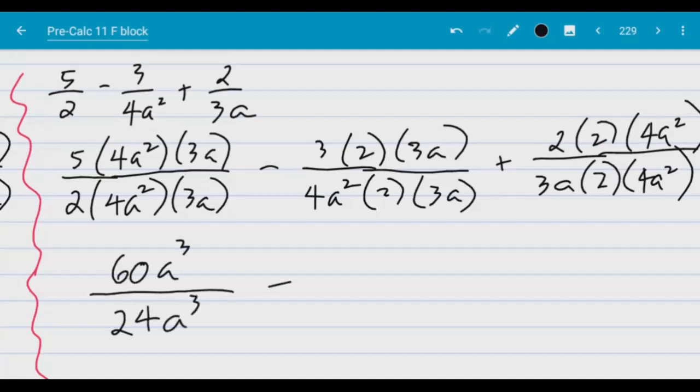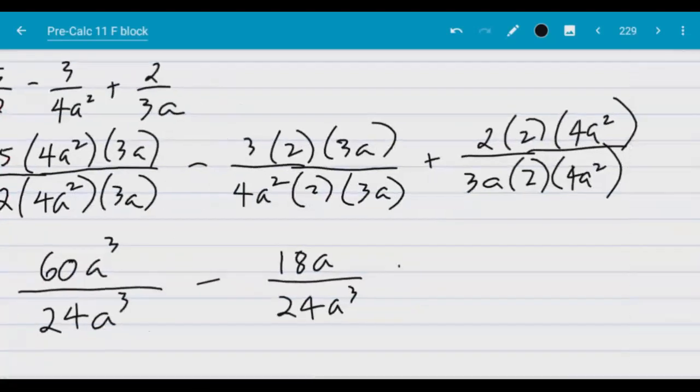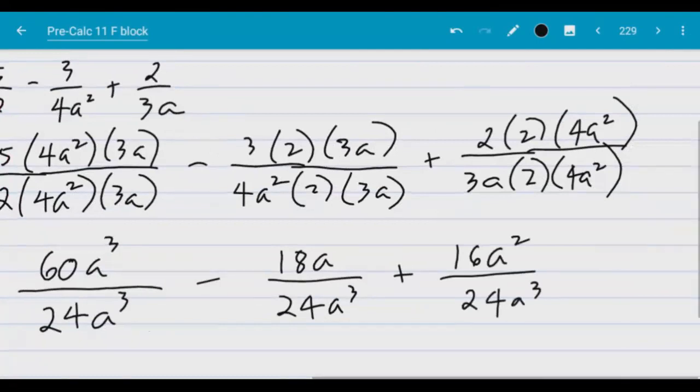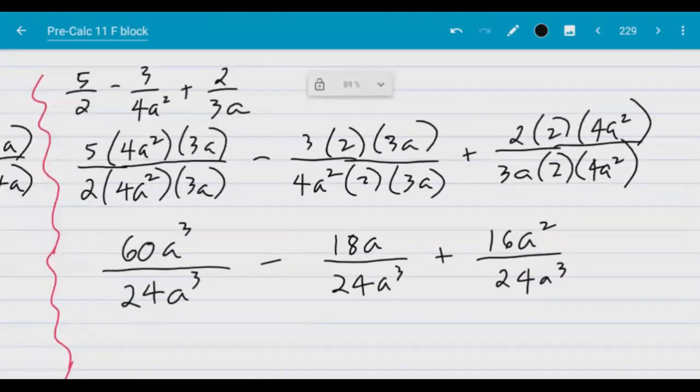Minus, what is 3 times 2? 6 times 3, 18A, over 24A cubed. Plus, 2 times 2 is 4 times 4 is 16A squared over 24A cubed. And once again, all of them have the same denominator. We can actually just put them all together.